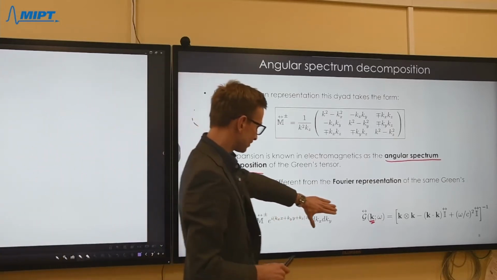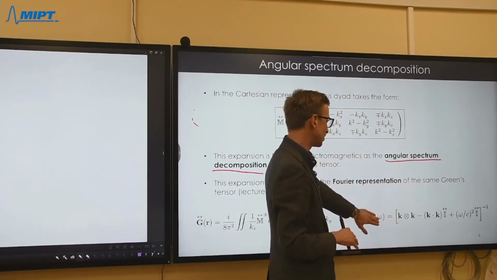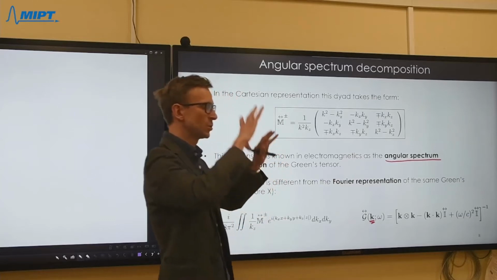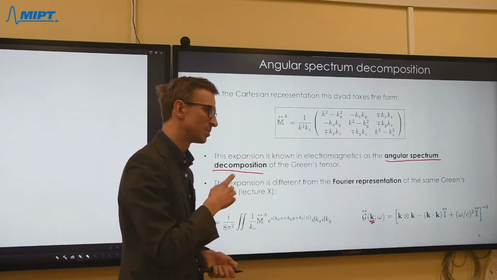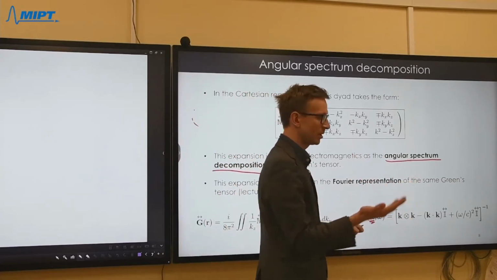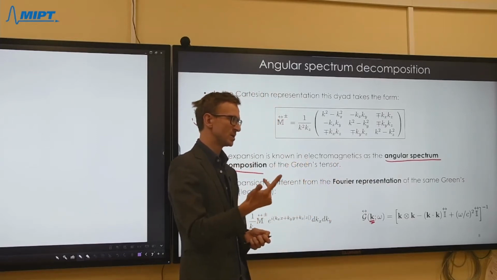To get this, we freeze time, we choose a certain frequency, and we obtain a certain spatial picture. And then, in order to obtain a Fourier representation of any picture, we do a Fourier transform. In this case, we have three spatial coordinates, x, y, z.